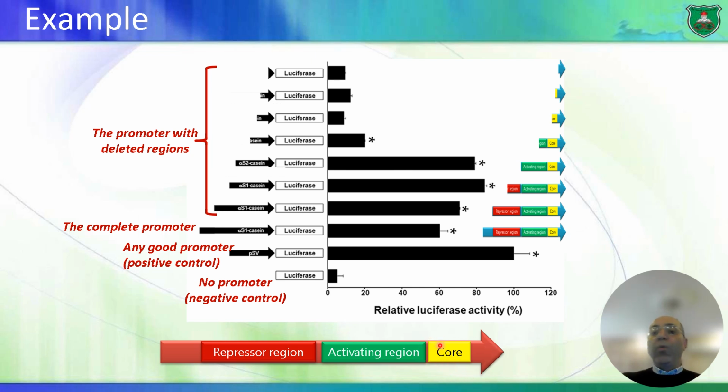I don't know what the positions of these sequences are, and that's what I want to study. So I take the DNA piece that contains what I think is the promoter region containing all of these regulatory sequences, and I clone it into the plasmid that contains the luciferase gene.